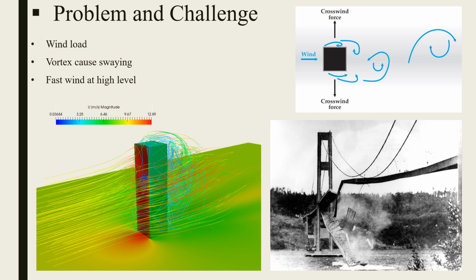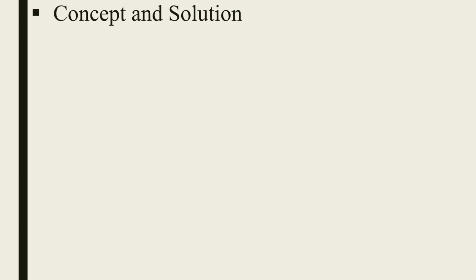Even in this accident, the wind was relatively not strong, but it resonated with the sway of the bridge, causing it to sway violently, and in the end, the structure fell. When engineers want to build a building, they don't want this to happen.